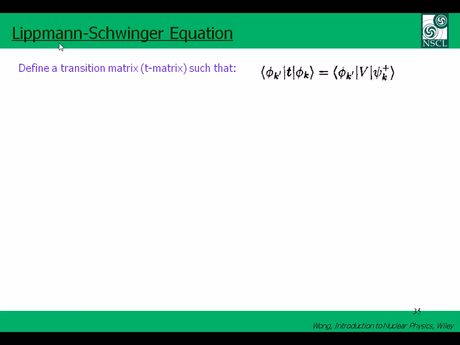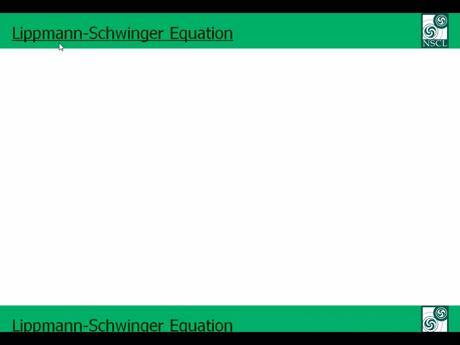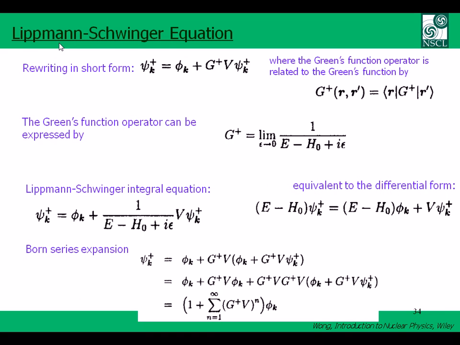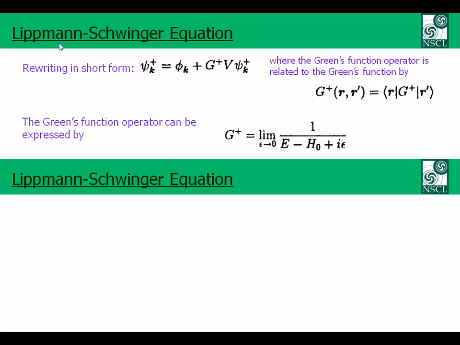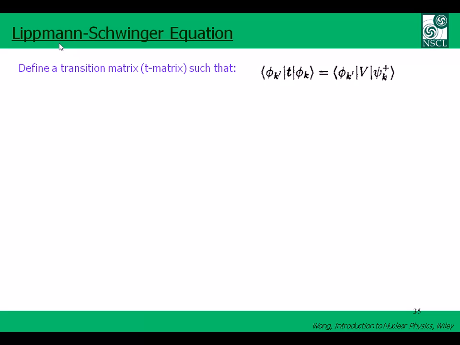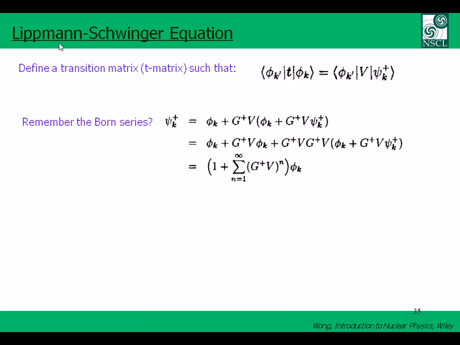Before I go to that picture, I want to rewrite this in T-matrix form. This Lippmann-Schwinger equation is written for the wave function. Few body physicists do not actually use this. They use a different form for this equation. If you define a transition matrix T that is actually V psi, in terms of phi, if the transition matrix is defined in this way, then we can use the Lippmann-Schwinger equation in the Born series, multiply on the left by this quantity here.